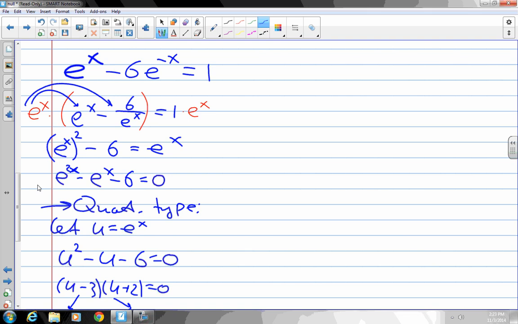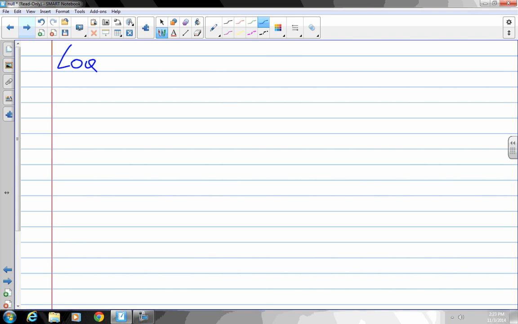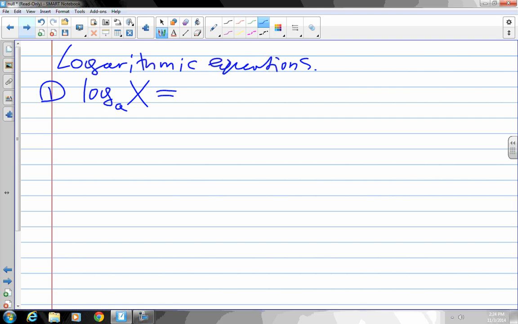This is only half of section 5.5. These are your exponential equations. We also got to talk about logarithmic equations. The first type of logarithmic equation that we'll talk about is something like log base a of x equals b.